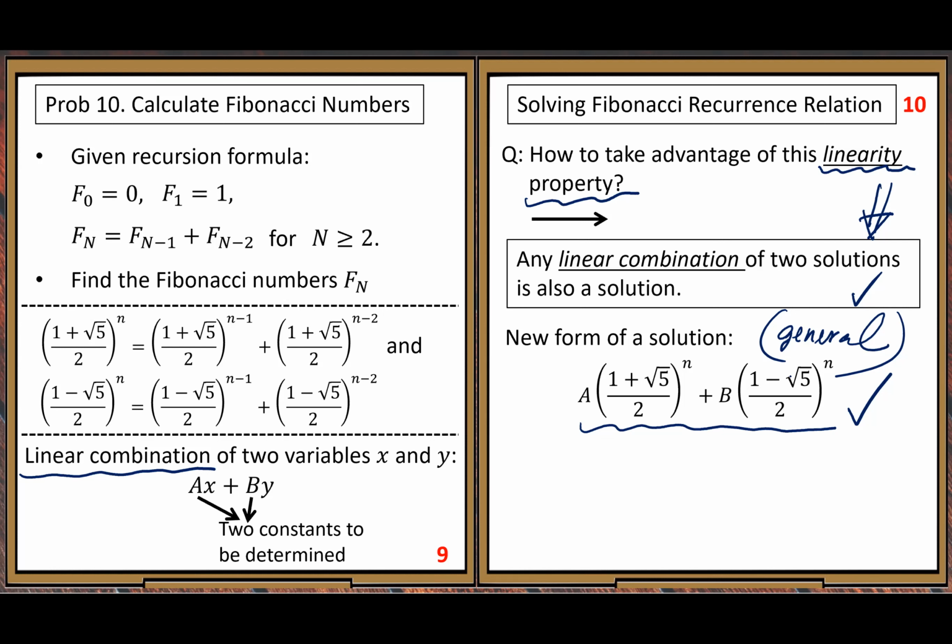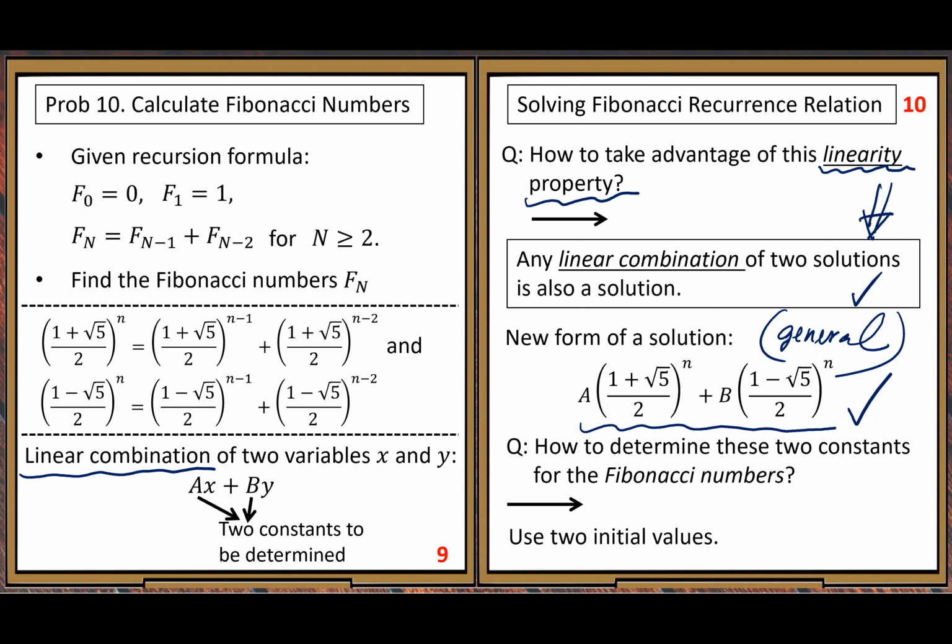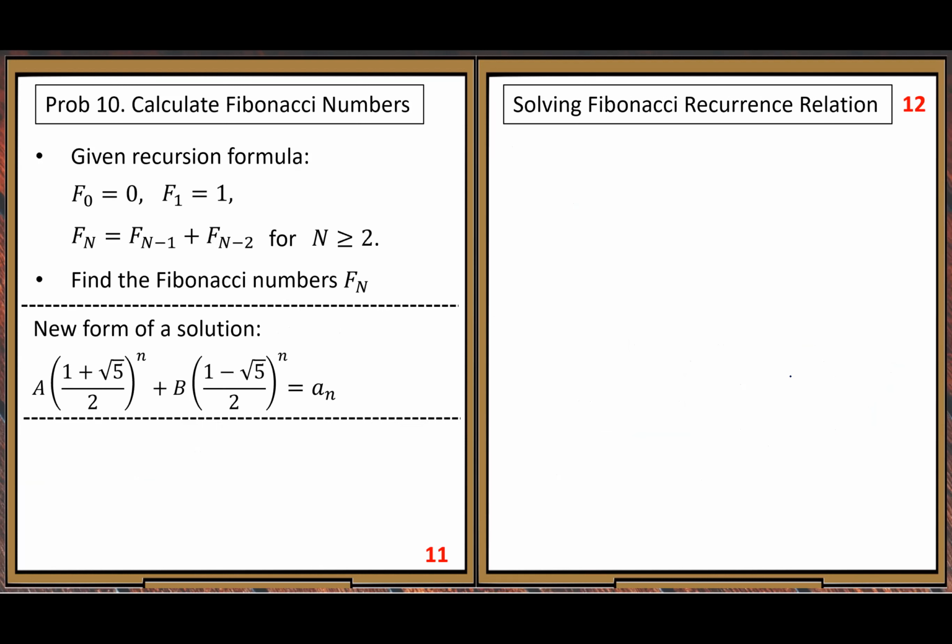Now the question is how to determine capital A and capital B. Initial condition. That's easy. Let us bring in the initial values here and try to find capital A and capital B.